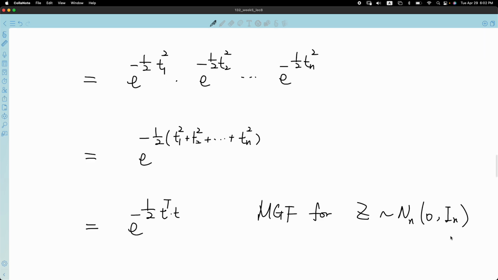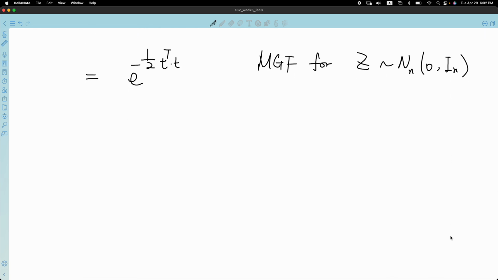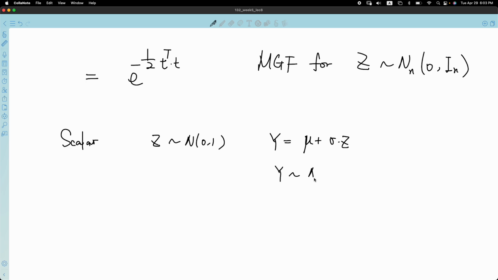Okay, if not, let's do the general normal version. In the scalar version, when you have z following a normal 0 and 1, when you do y equal to mu plus standard deviation times z, after this transformation you will get y following a normal with mean mu and variance sigma squared.